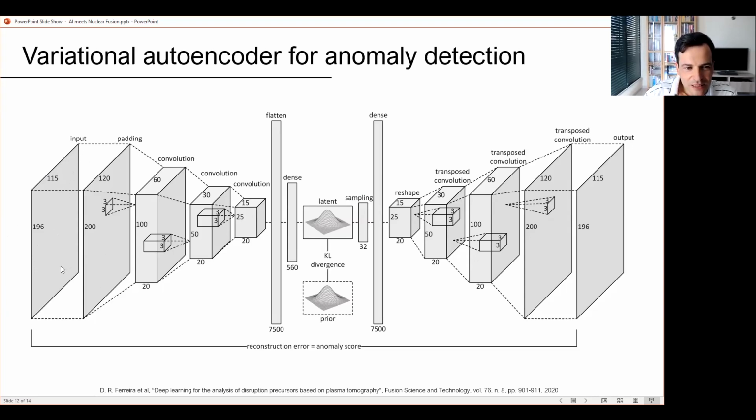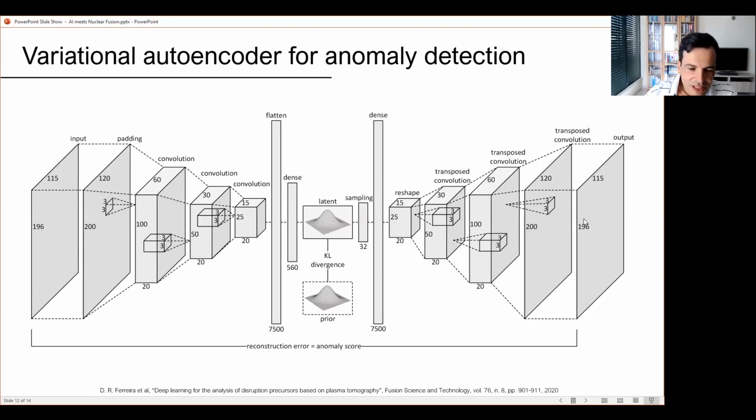So the way to train this model is to give it radiation profiles that are well behaved. So we train the model with radiation profiles that are very, very far away from disruption.